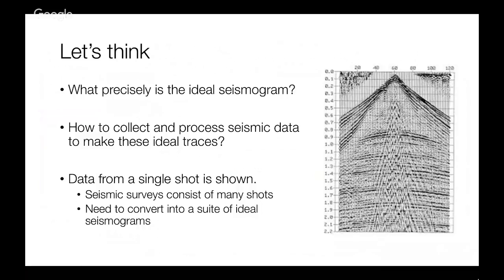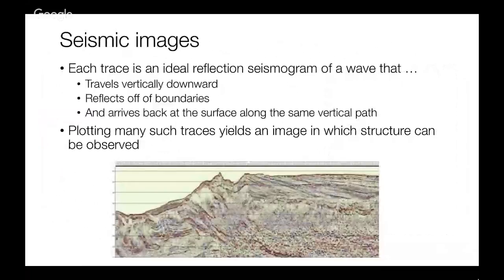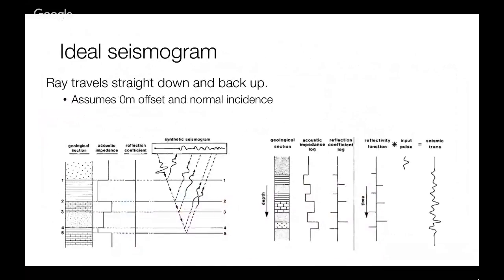So if we look at our layered earth here, a cross section of the earth, we can draw a 1D profile of the acoustic impedance, which is just the velocity times the density of each one of these units. We can see how that acoustic impedance varies as a function of depth here. Based on that, we can calculate a reflectivity series, which is basically your reflection and transmission coefficients. It's built off of those.